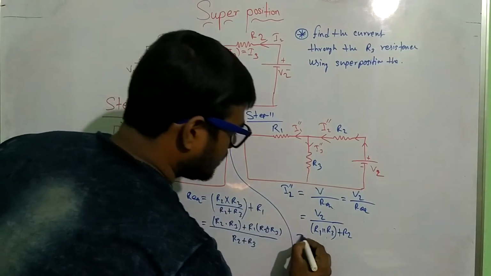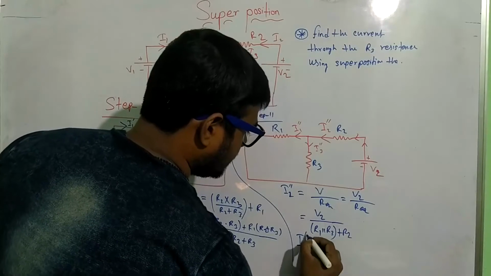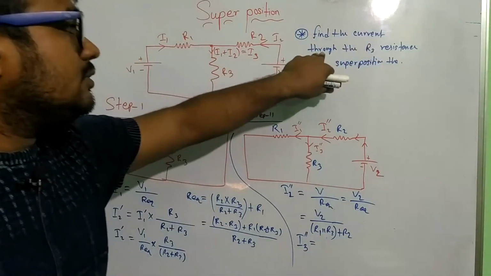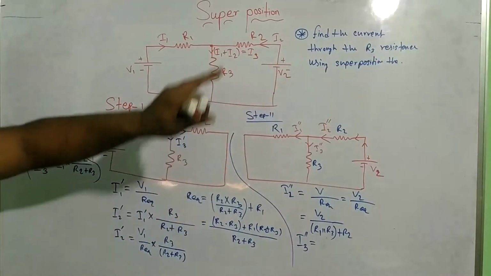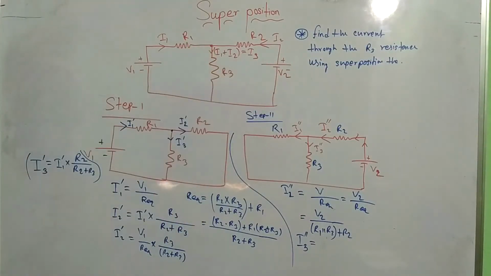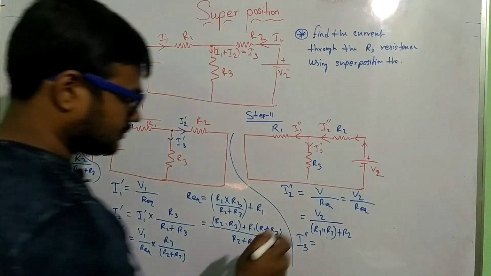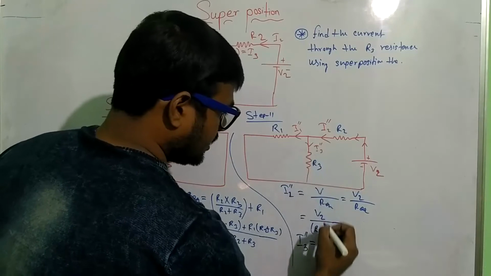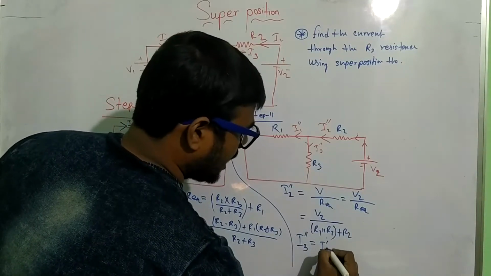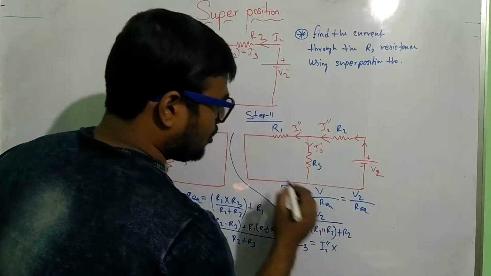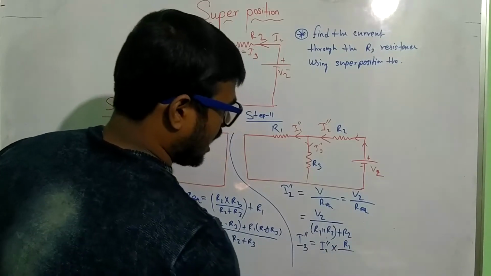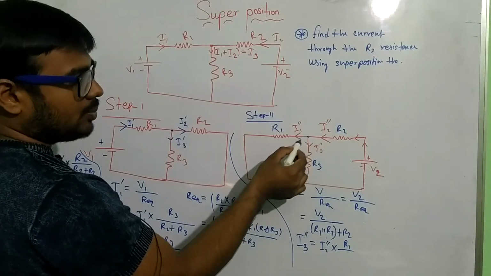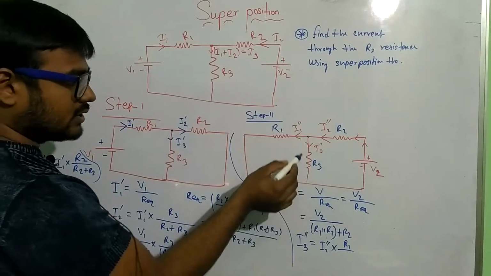Now I will find I3 double dash, because the question is to find the current through the R3 resistance using superposition. That means find the I3 current. Now I am again finding I3 double dash. I3 double dash is the main current I2 double dash into the opposite resistance, R1, because here the current will be divided into two parts, I1 double dash and I3 double dash.